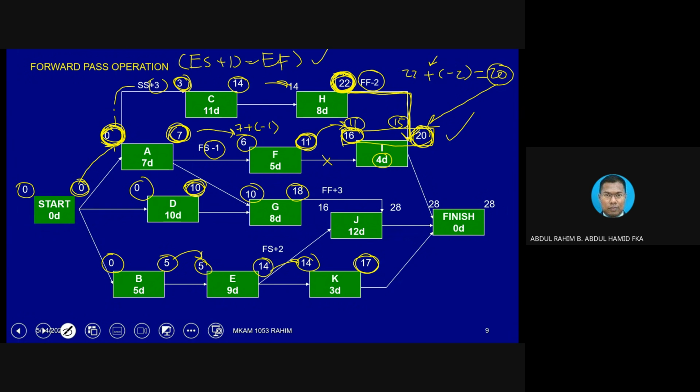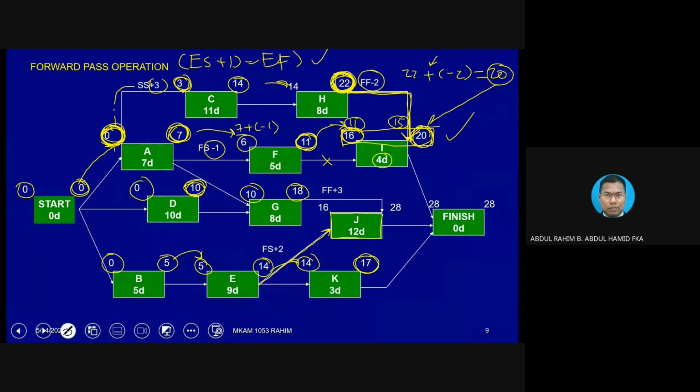Okay, we do have a similar concept for J, but the results are different. Now for J, we have two arrows coming in. One is from E here, and one is from G. So we can evaluate, if the arrow is coming from E, how would the value be?